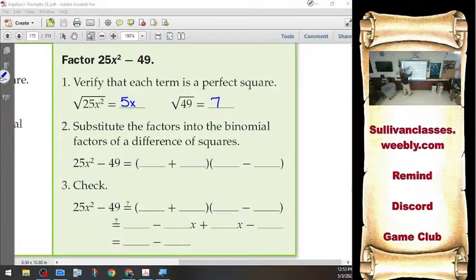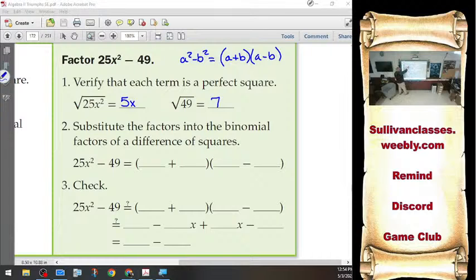This is of the form a squared minus b squared. It's going to turn into the form a plus b, a minus b. If I see two perfect squares and there's no middle term, then I can factor it without really doing any math by just taking the square root of both, plus minus pairs.